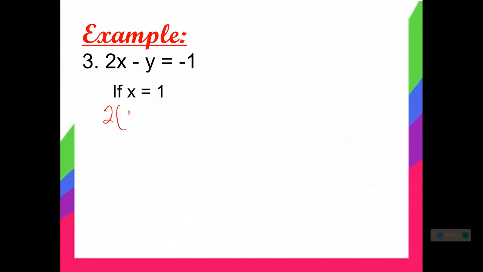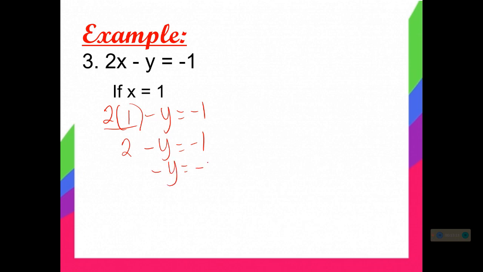Okay, so let's have the third one. Given the equation 2x minus y equals negative 1. If x equals 1, let's find y. So we have here 2 times our x, which is 1, minus y equals negative 1. 2 times 1 is 2. Minus y equals negative 1. Then negative y equals negative 1, addition property of equality again, so negative 2.